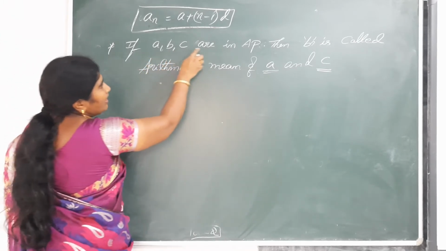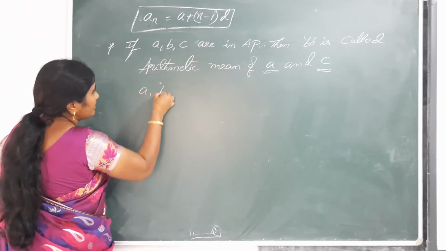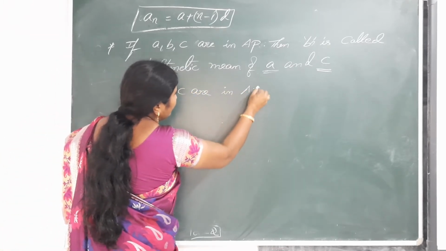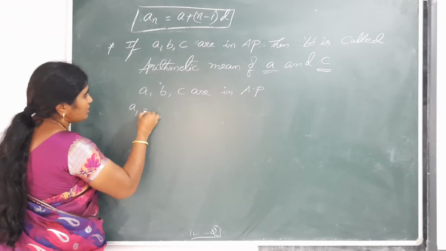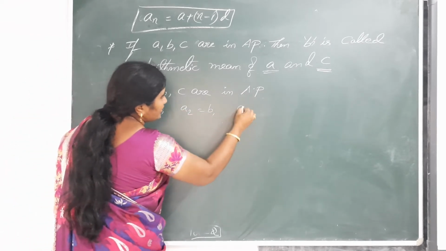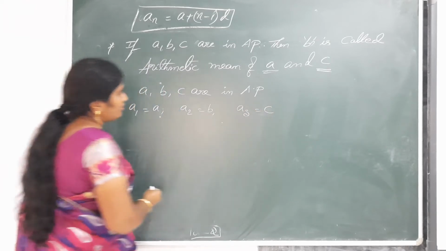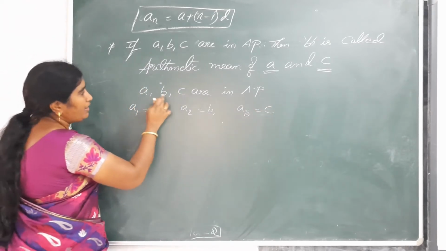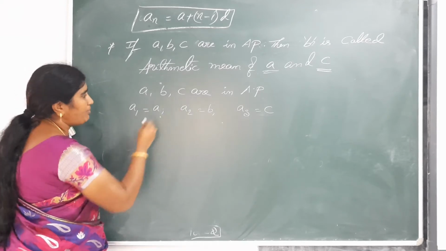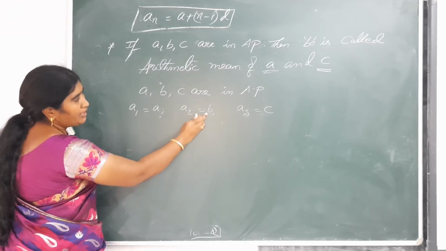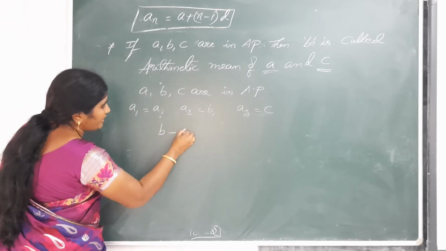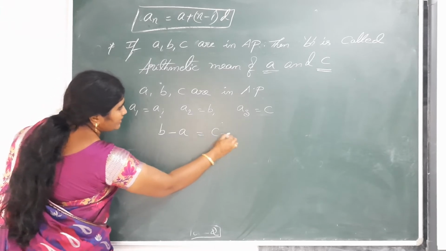Given a, b, c are in AP. Here a1, the first term, equals a, a2 equals b, a3 equals c. Next, the relation between a, b, c: the common difference is the same every time in an AP, so a2 minus a1, where the a2 value is b and the a1 value is a, b minus a equals c minus b.